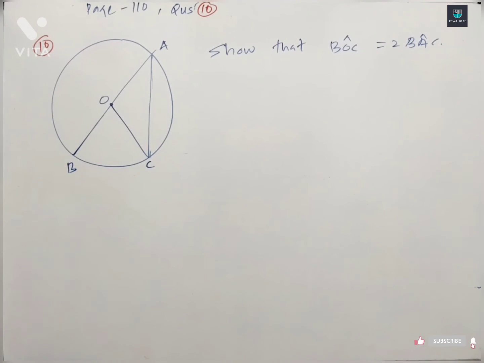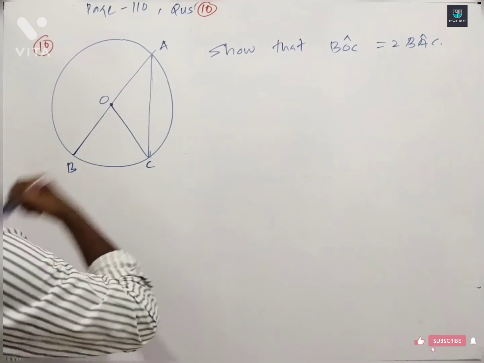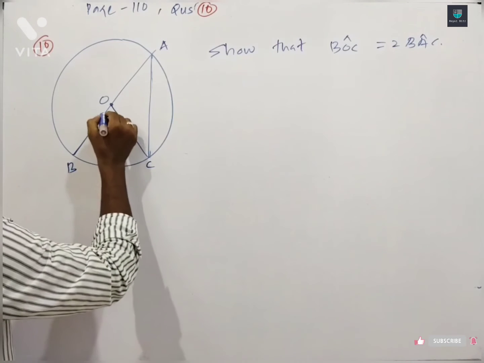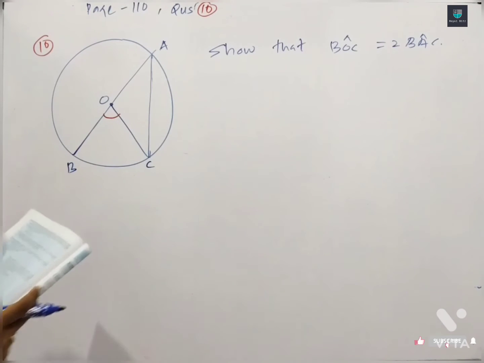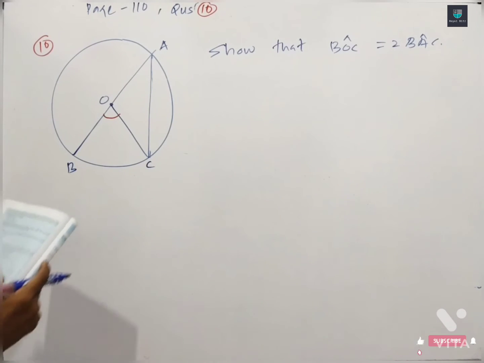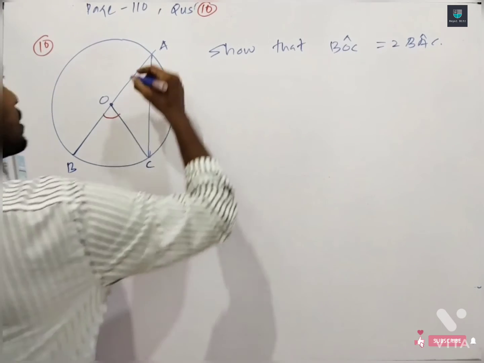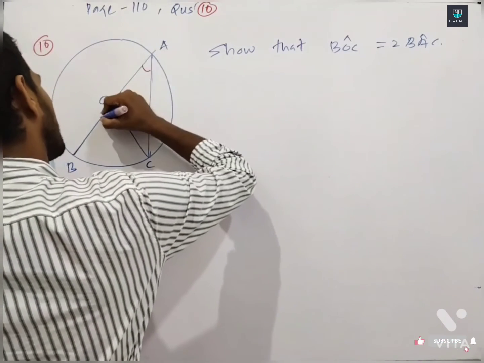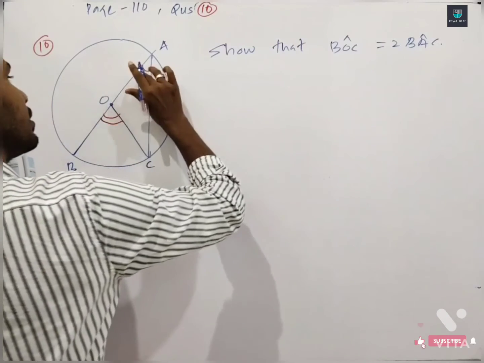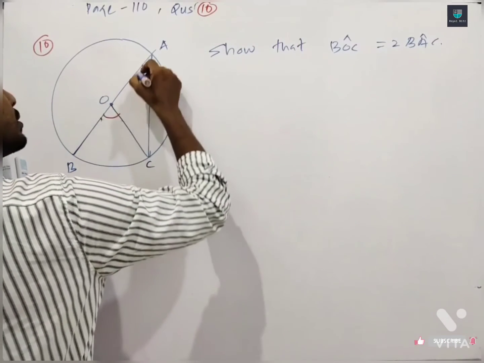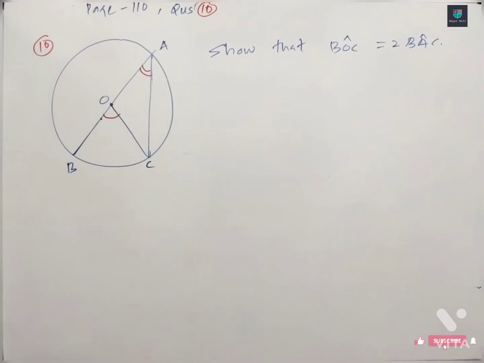BOC. Where is BOC? BOC, this one. And BAC. How can we prove?